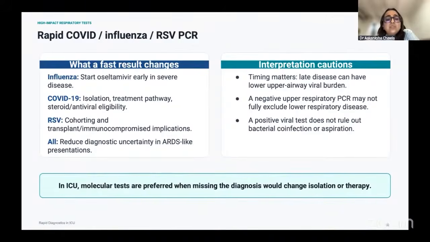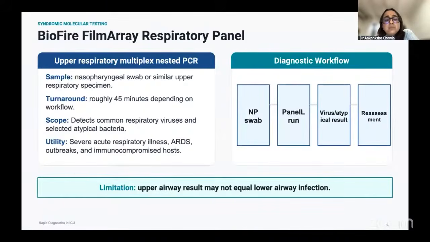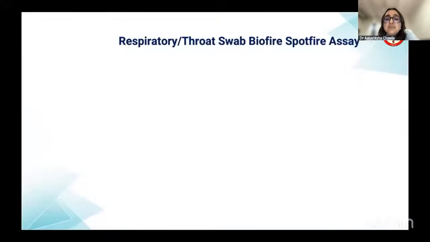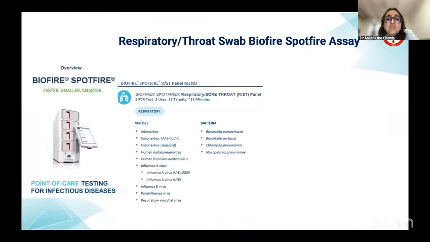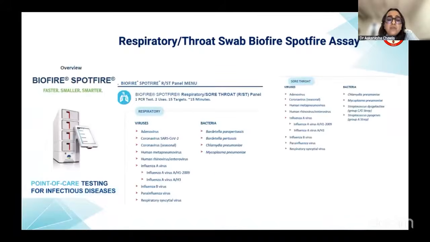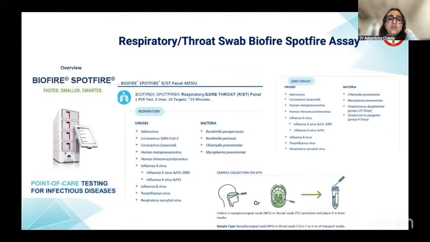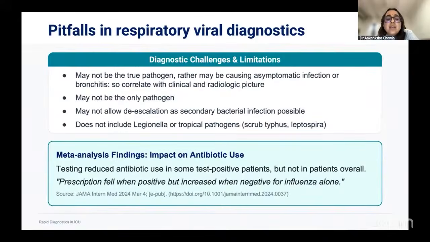So that is how these are beneficial. And remember that these are the upper respiratory panel wherein you send a nasopharyngeal swab for your patient. This is different from the lower respiratory panel. So this is the throat swab BioFire assay which is available, wherein you send the nasopharyngeal swab, 15 targets, gives results as early as 15 minutes.